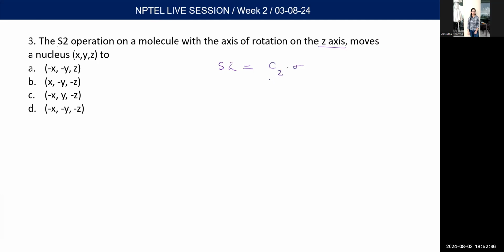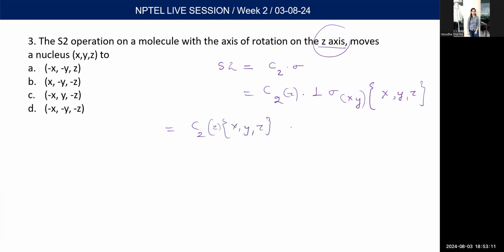When we are talking about C2 into sigma, it has already been defined that this is the Z-axis. So this would be your C2Z, and perpendicular to that it is sigma XY, right? Now you have to apply this operation on the XYZ nucleus. Individually, we will do it for X, Y, and Z. You can solve it mathematically also.